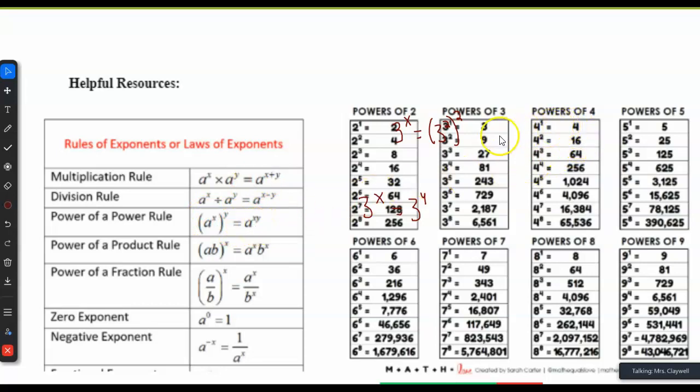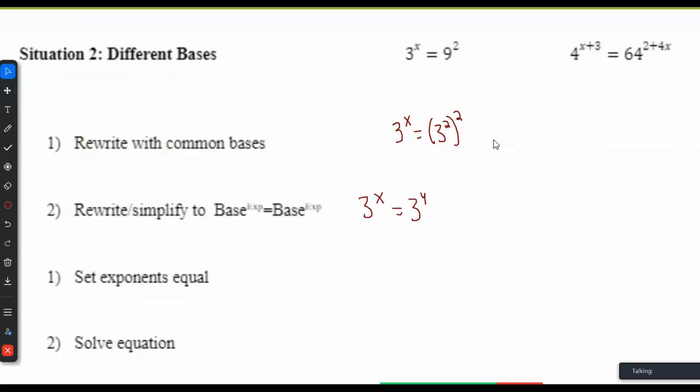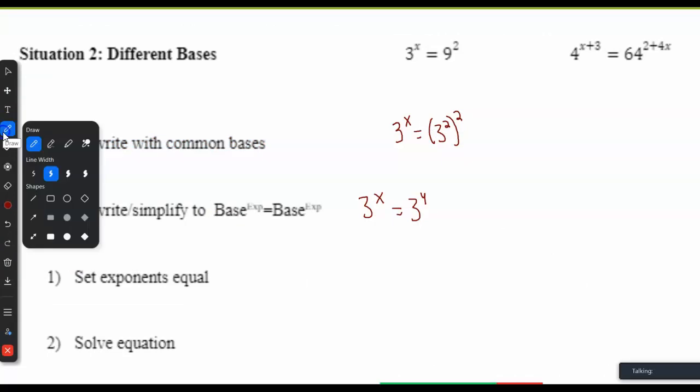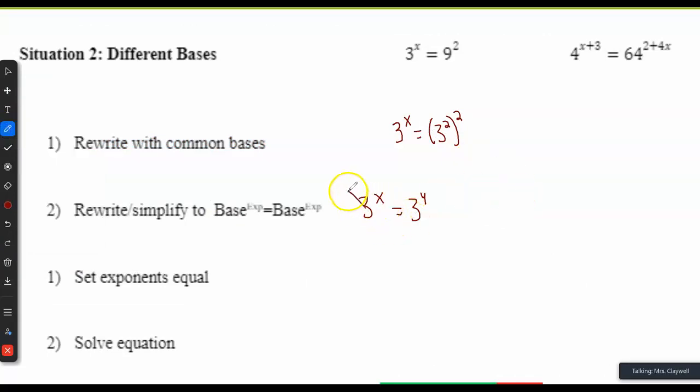On the right side, that 9 is just a 3 squared. Once I have the same bases, I can set my exponents equal. I don't have anything to solve there, so that's done.